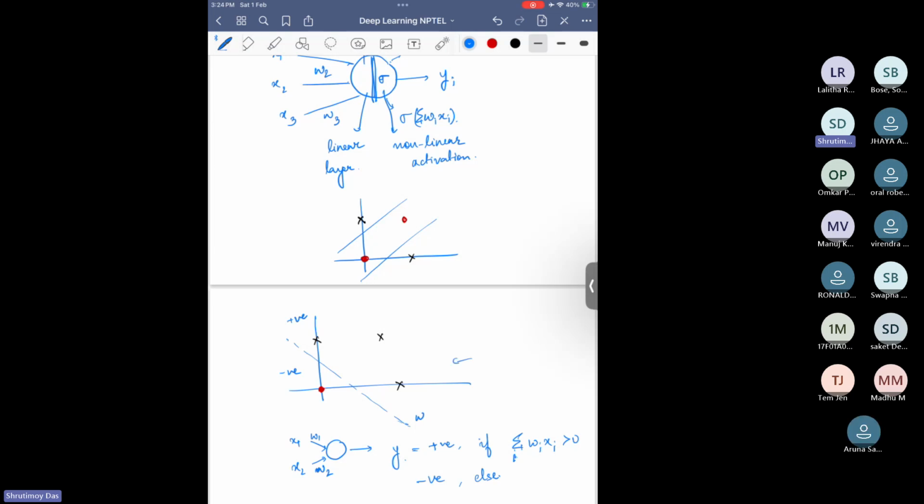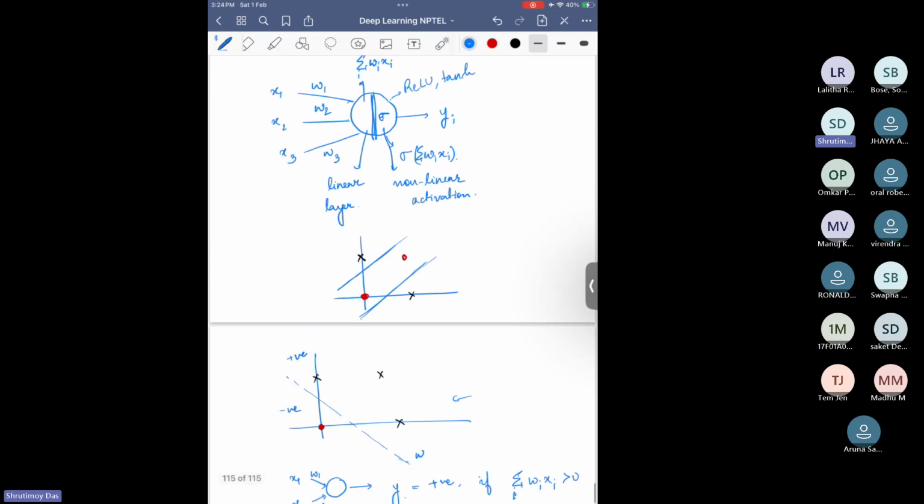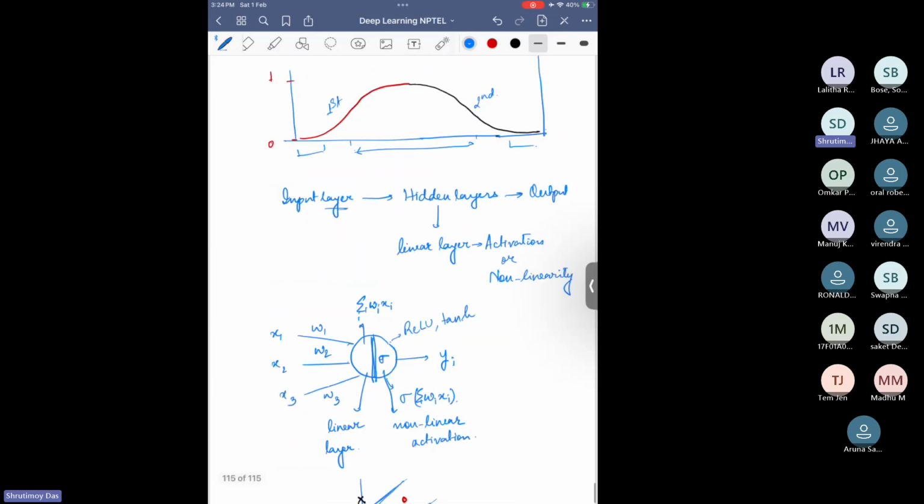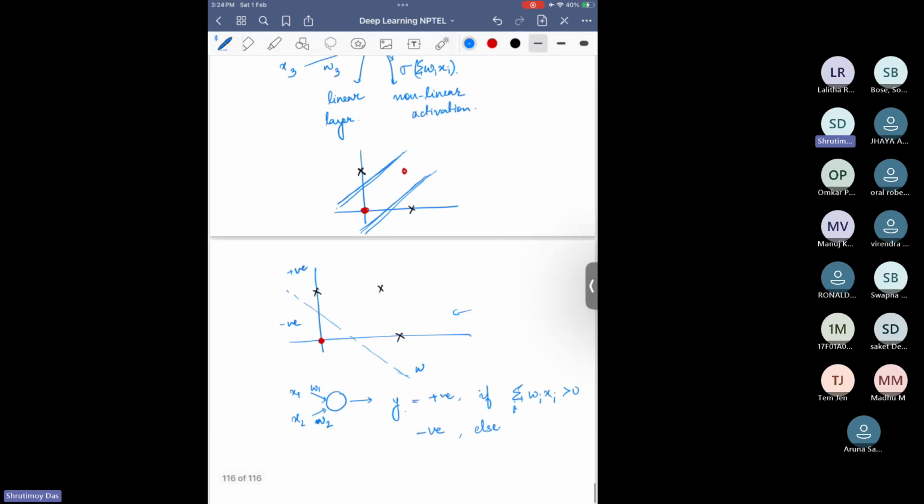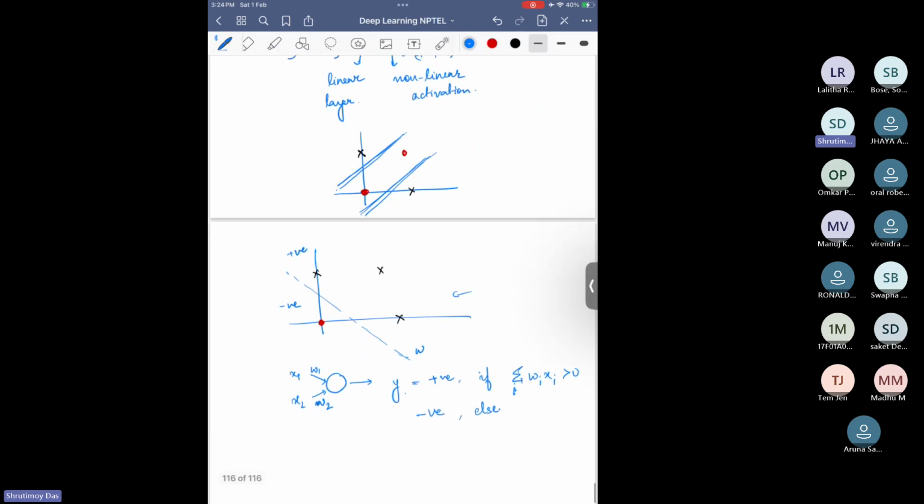But when you have this type of problem, it is not separable by a line, because nowhere can you draw a single line and say points on this side are positive and points on this side are negative. So we need some nonlinear function, because there is no line you can draw here. That is where the use of nonlinearity or activation comes in.